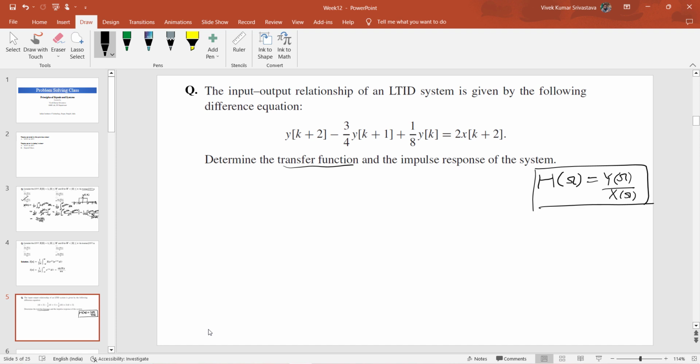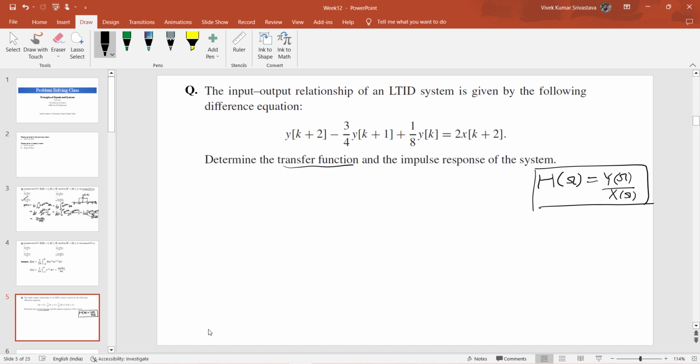So, to determine this relationship, we will take the DTFT, that is the discrete time Fourier transform, on both sides of this difference equation.